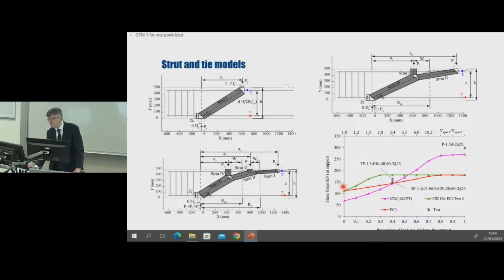For the beam loaded at 3D, the sectional model in Eurocode 2 we use to calculate VC gives the best predictions. We also see that the strut and tie model gives superior predictions to the purely empirical design methods adopted in BS 8110 and Eurocode 2.